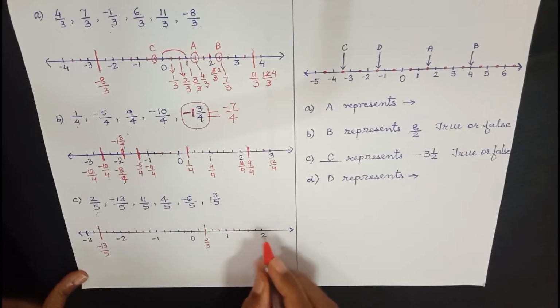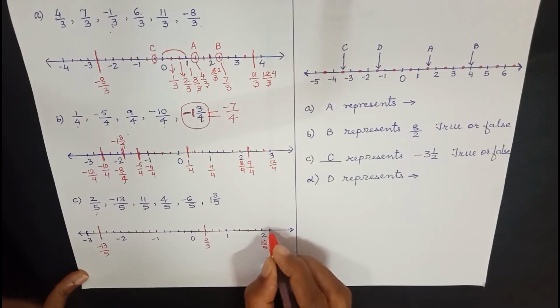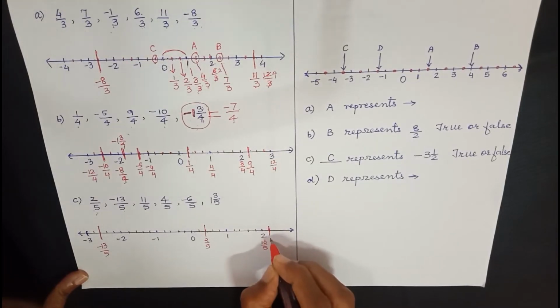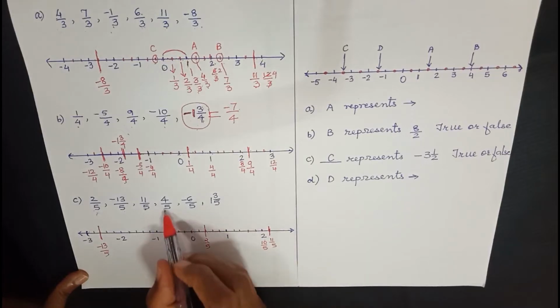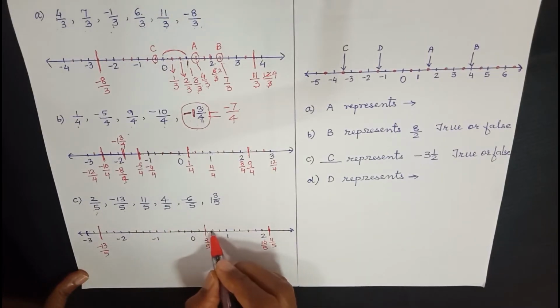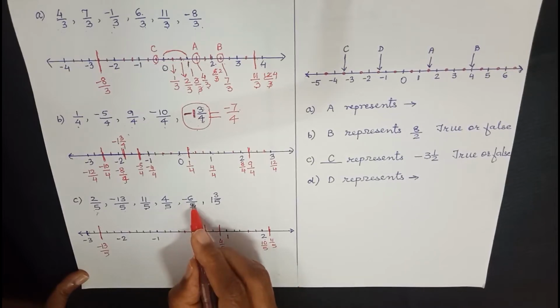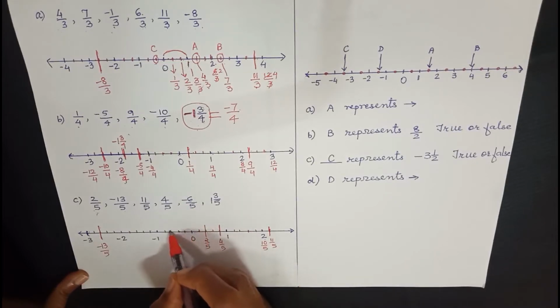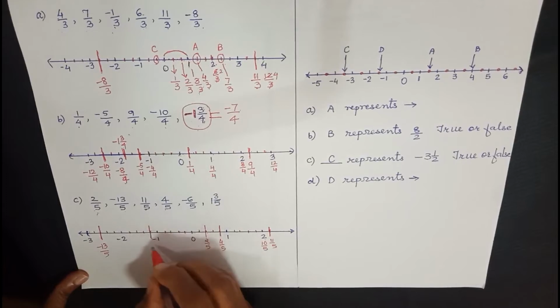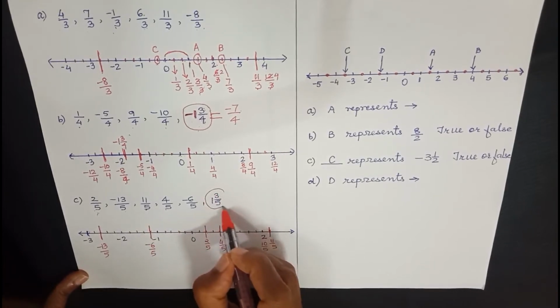So we go on the right side. 2 will be nothing but 10 upon 5. So the next point after 2 will be 11 upon 5. Next 4 upon 5. So 1, 2, 3, 4. 4 upon 5. Minus 6 upon 5. So 1, 2, 3, 4, 5 and 6th point on the left hand side will be minus 6 upon 5. Now again we have a mixed number here.